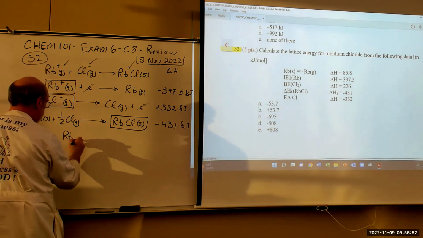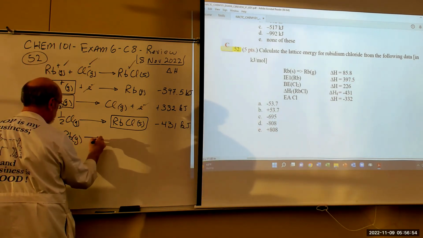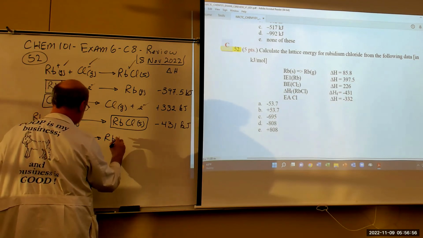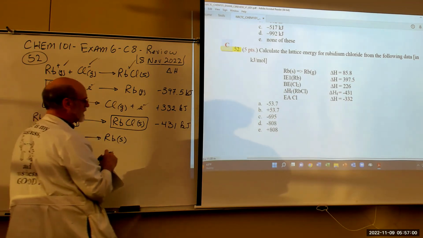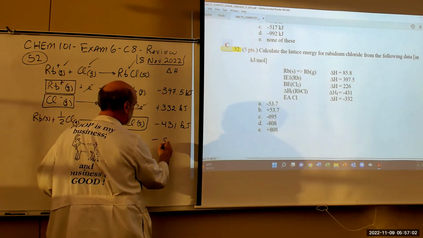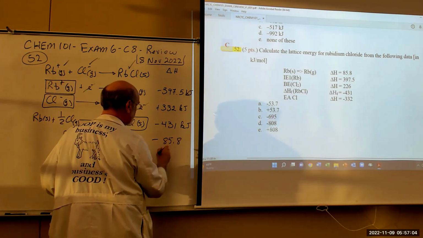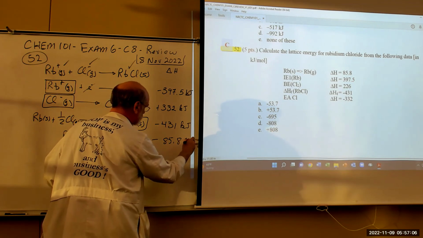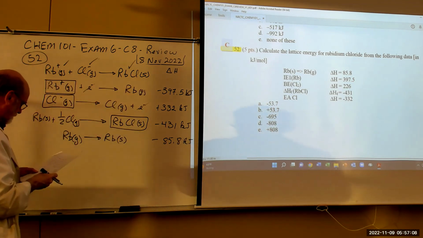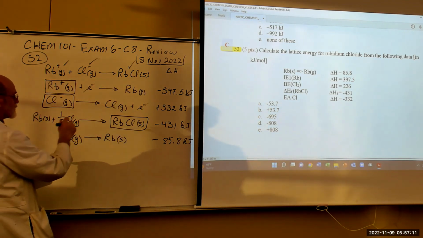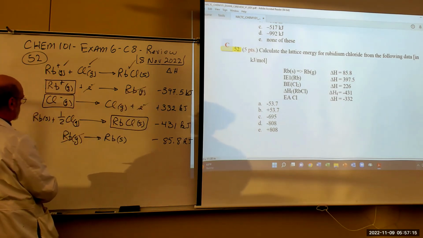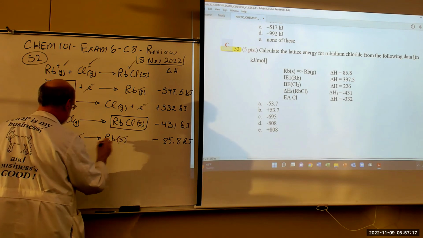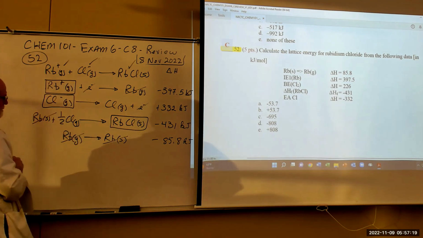So if we put rubidium gas to rubidium solid, that's the deposition energy, which would be minus 85.8 kilojoules. Okay, so what does that do for us? That gets rid of this one right there, and it gets rid of that one.